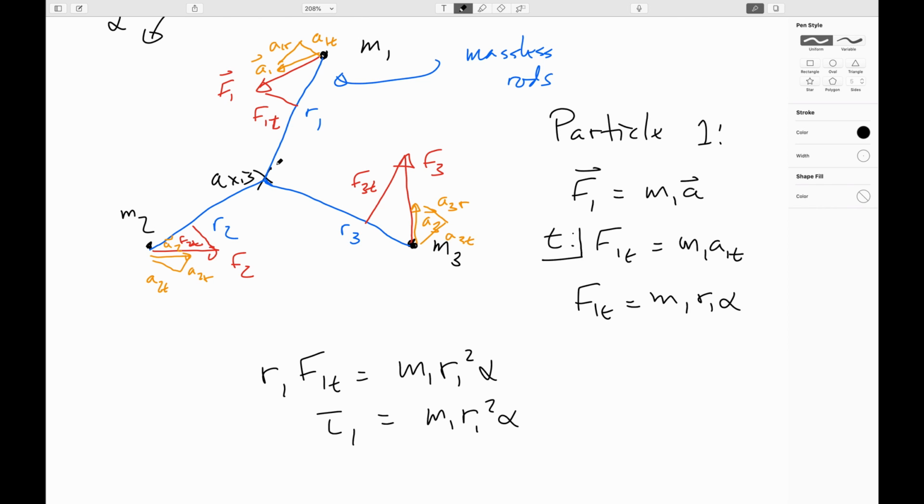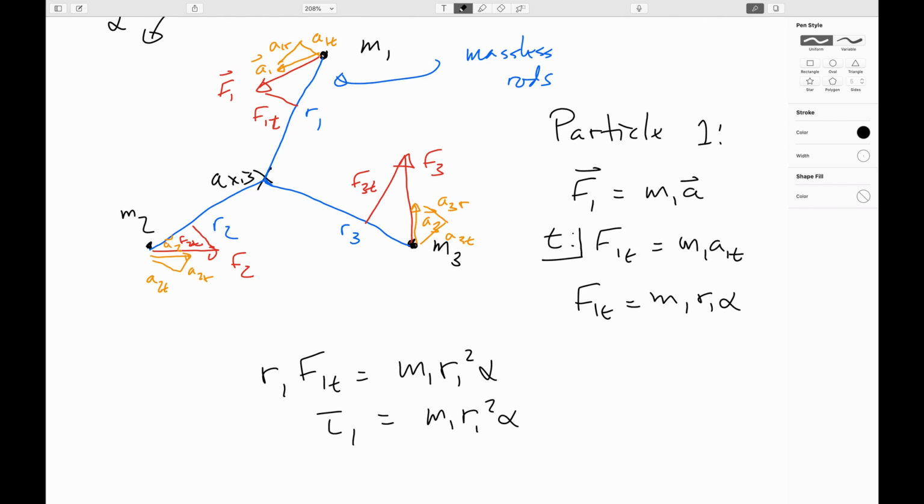We know they're doing their job, but we really don't need to model them. The bit that matters is the bit that's side to side, that's actually attempting to change the rate at which the object is rotating. So by taking all these tangential components of forces, we get the appropriate tangential components of acceleration, and we can then say the torque due to this force is equal to this quantity here times the angular acceleration.